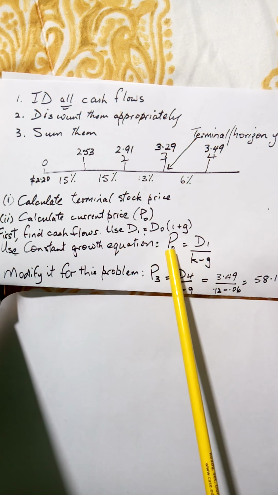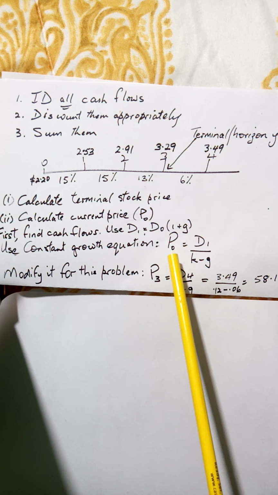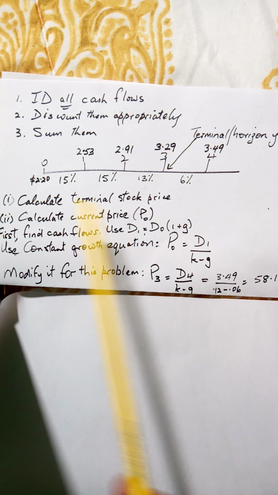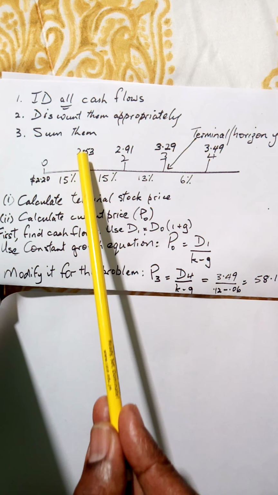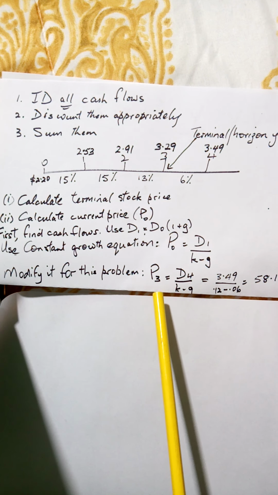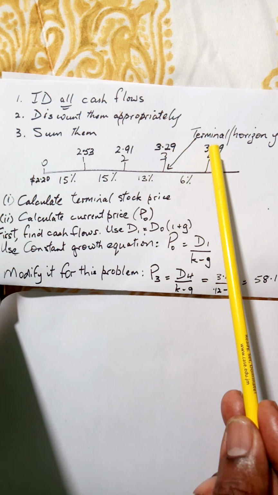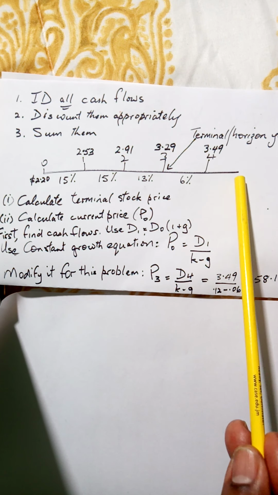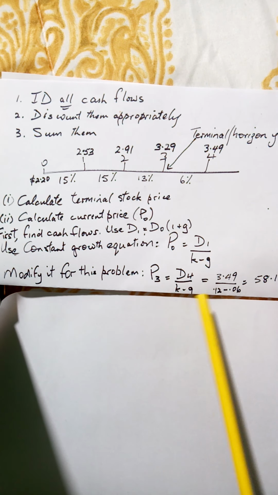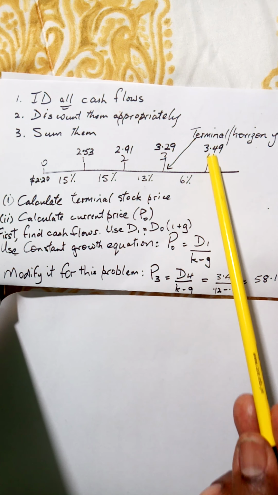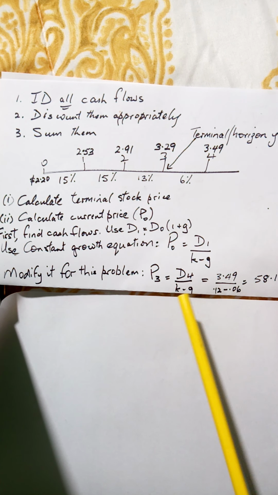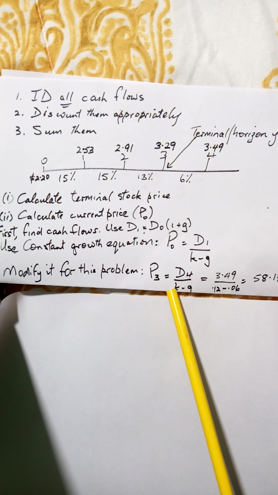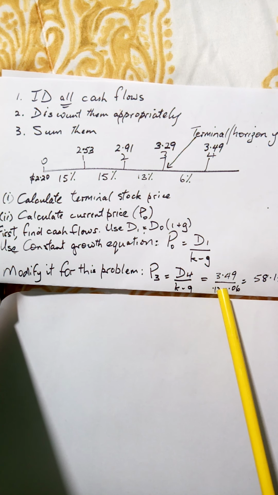So P0 becomes P3 in our particular equation. And then we need the next dividend. Just as how we had P0 and D1, so we have P3 and D4. That is why we stopped at year 4 and didn't bother with 5, 6, 7, and 8. So D4 is 3.49. There it is. K, the cost of capital, is 12%, 0.12.